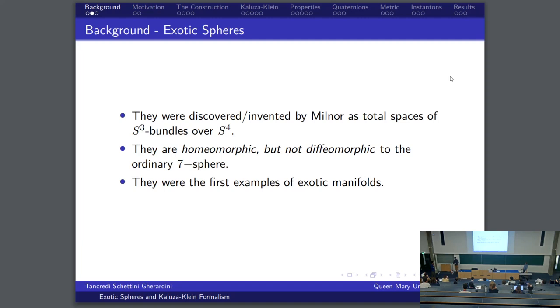You get 15 out of 28, because there are 28 in total. And with this other Brieskorn construction, you get all of them. I don't know exactly if the ones they've used in the computations are of the same subset that are covered by this Kaluza-Klein construction. So this Kaluza-Klein doesn't apply to all exotic spheres. There are some which are outside of this family of metrics. Yeah, okay.